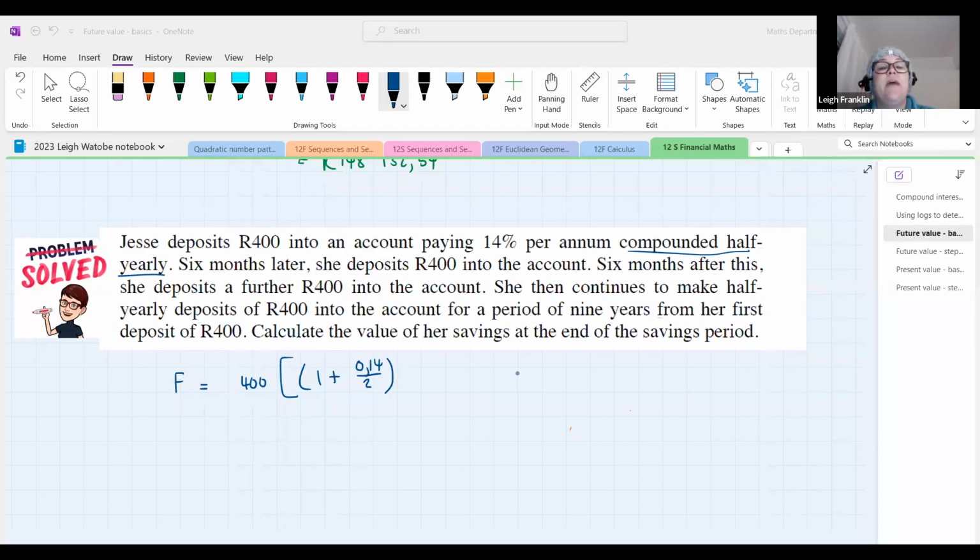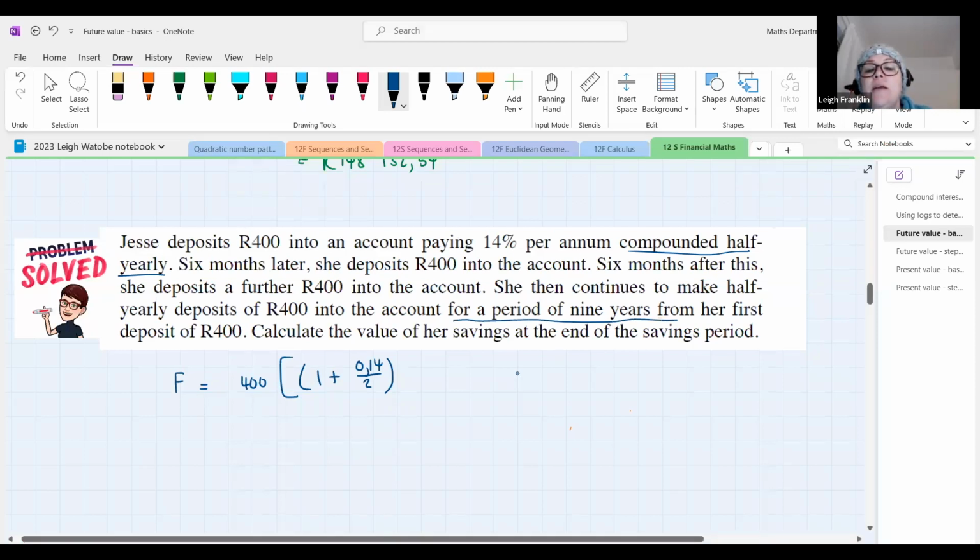So you can see there, they haven't said it's an immediate payment, but she continues to make half-yearly deposits of 400 Rand into the account for a period of 9 years from her first deposit of 400 Rand.